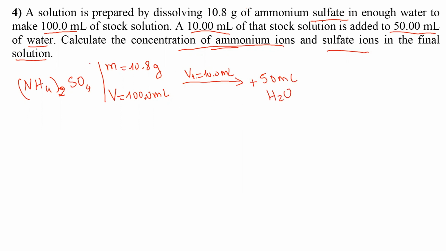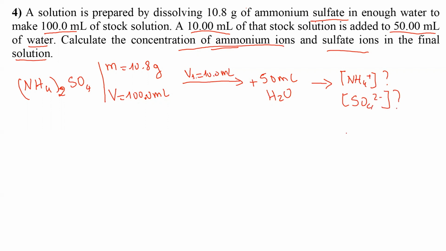You just translate all of the data sequentially: we have the solution first, then from the solution we take V1, 10 ml, and we add 50 ml of water. Then what is asked is the concentration of ammonium ions, NH4 plus, and the concentration of sulfate.